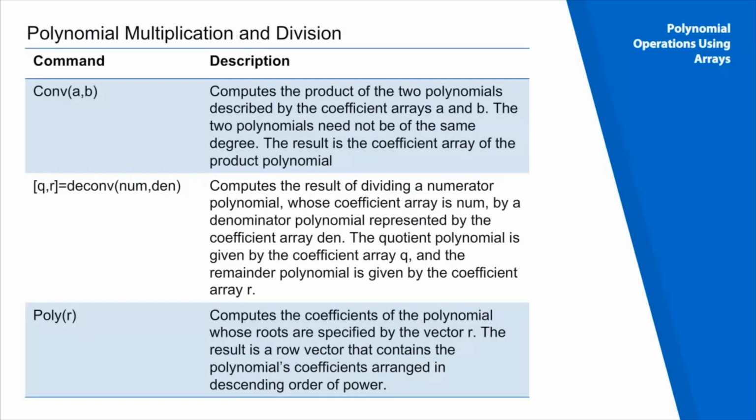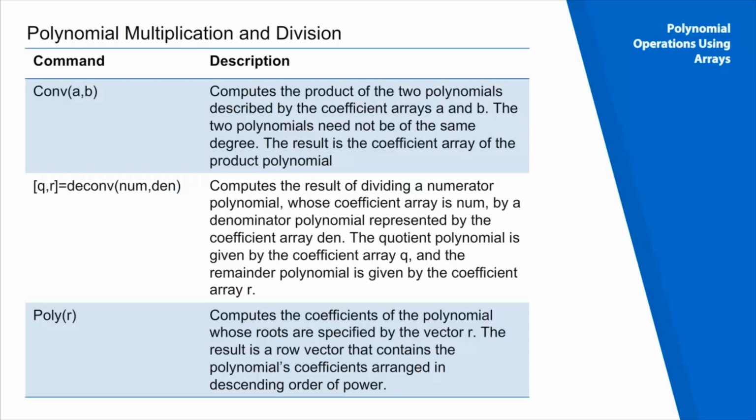To multiply a polynomial by a scalar, we simply multiply the coefficient array by the scalar. Multiplication and division of polynomials are easily done with MATLAB. We use the conv function, which stands for convolve, to multiply polynomials, and we use deconv, deconvolve, to perform synthetic division.